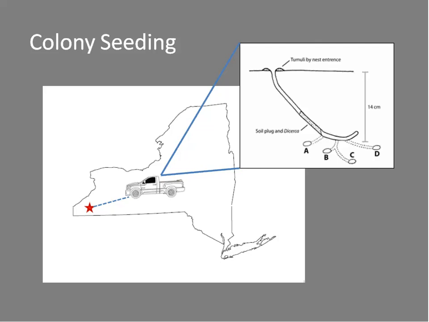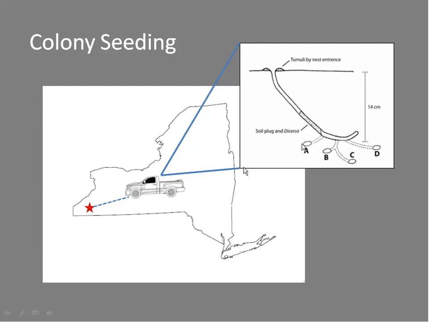And finally, here's this idea of colony seeding. I was unable to upload some of the pictures I'd taken of my recent work with this colony seeding or transplanting. But what I've essentially done is out here in central New York, I've been digging up these wasp cells, which I said have a little overwintering pupa.